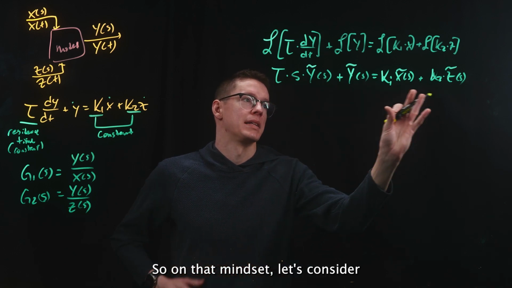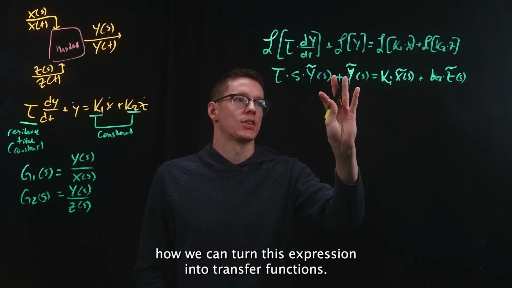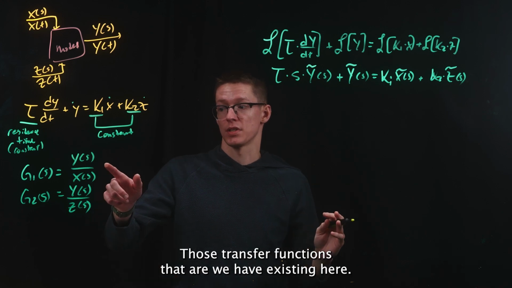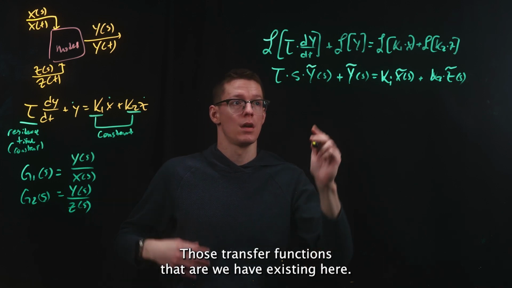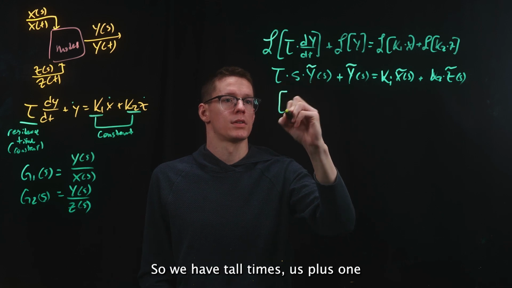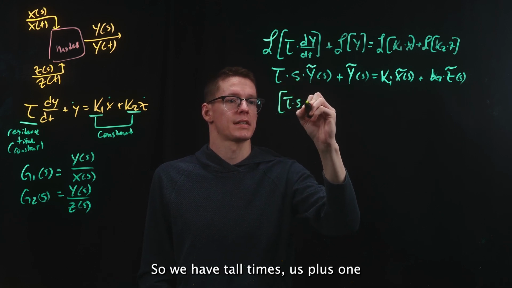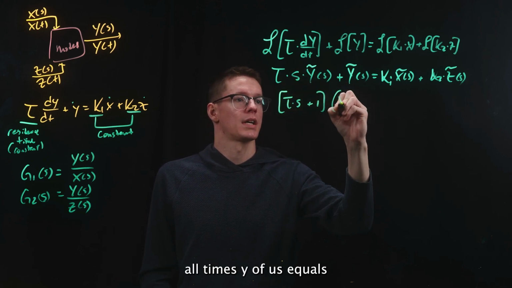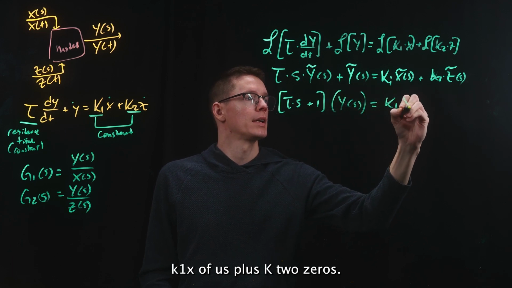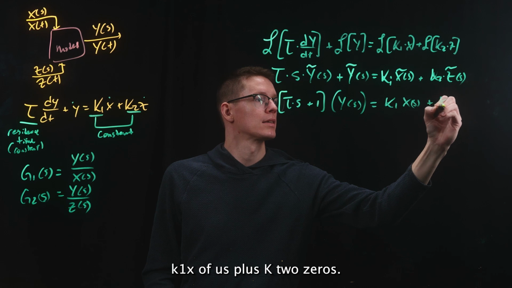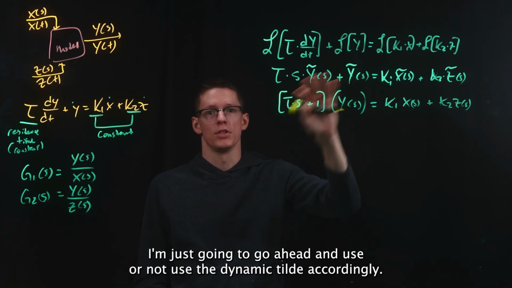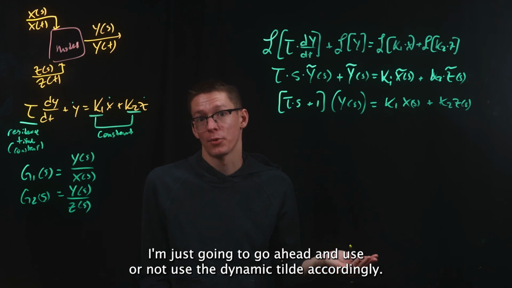So on that mindset, let's consider how we can turn this expression into transfer functions, those transfer functions that we have existing here. Notice that we're able to combine these Y of s's into one term. So we have tau times s plus 1, all times Y of s, equals k1 X of s plus k2 Z of s. And again, I'm just going to go ahead and use or not use the dynamic tilde accordingly.